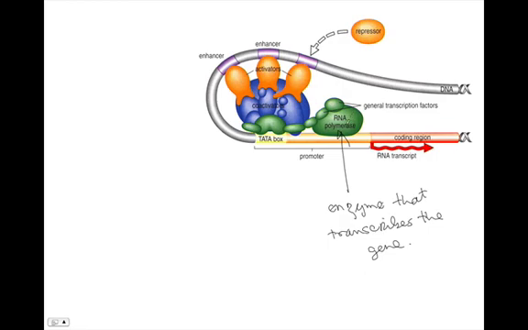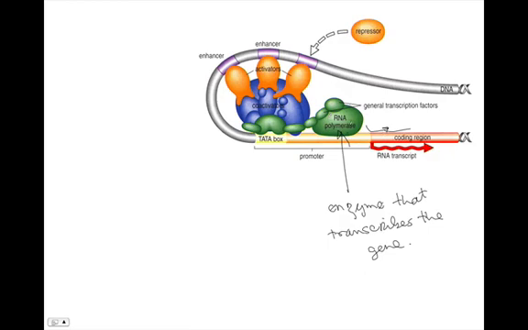So if we looked inside the pancreas cells and we looked at the DNA for the insulin gene, at a pretty high frequency, RNA polymerase is landing at the start site and transcribing this gene. And once one gets going, another one lands. It's just an assembly line of RNA polymerases landing and transcribing the gene. So that's the business of gene expression or activation of genes, is to get RNA polymerase to land there.